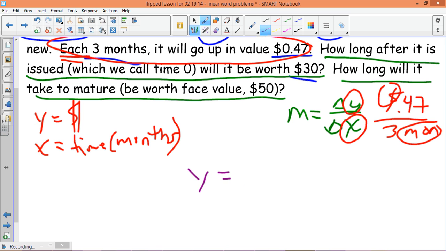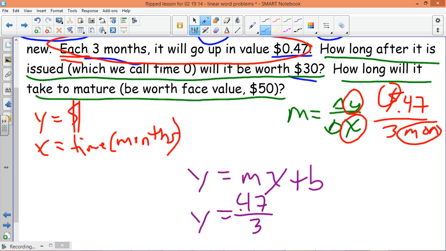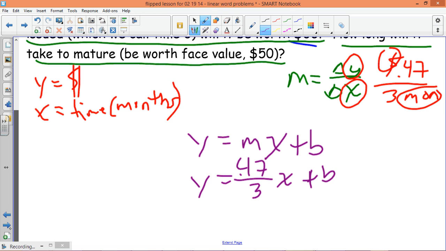Okay, in order to put this into our equation, we're going to need to change that a little bit. Y equals mx plus b. Y equals 0.47 divided by 3, x plus b. It's going to be a little hard to work with on our calculator, so I'm going to divide 0.47 by 3, and I'm going to get something that's not going to be quite exact, so most of our answers are going to be estimates.